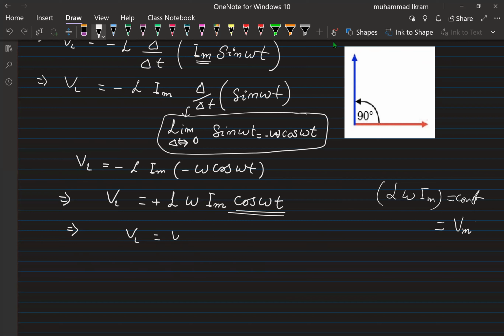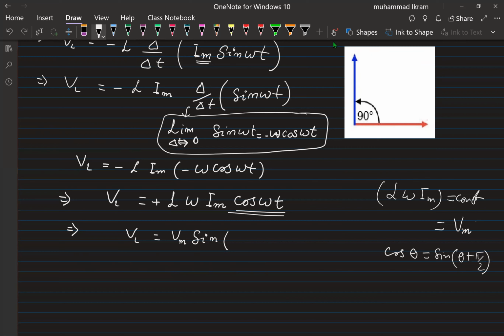The Vm into the sine, if I just replace this, because you know that cos theta is always equal to sine of theta plus pi by 2.